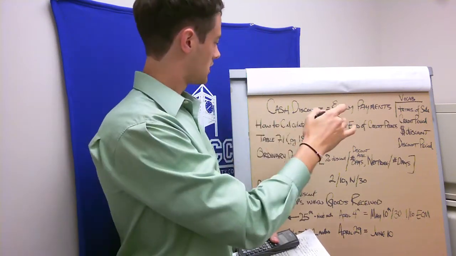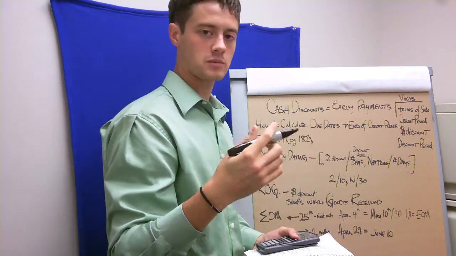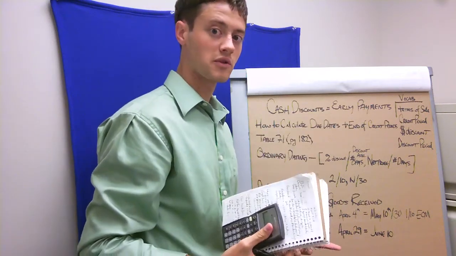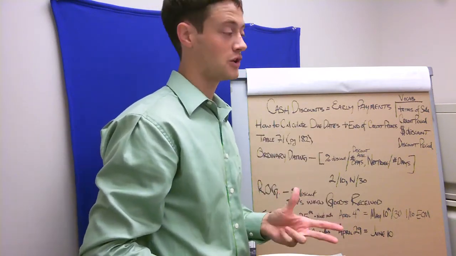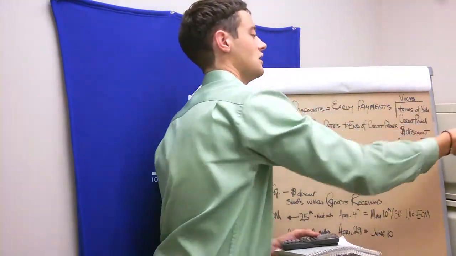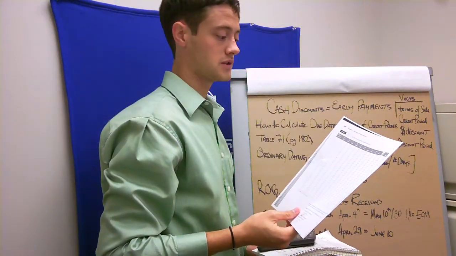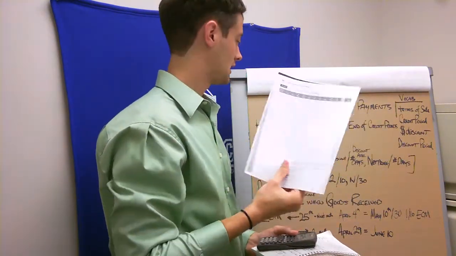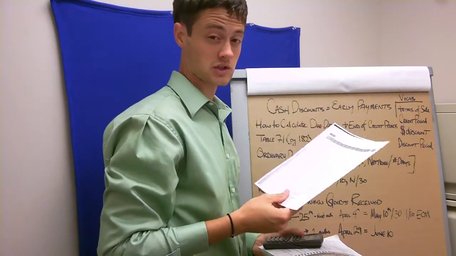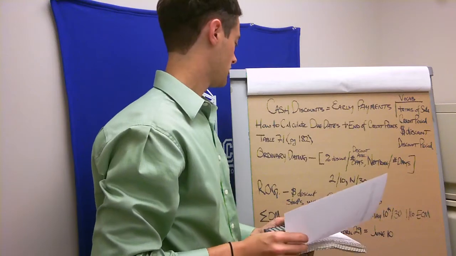And so when you want to figure out your cash discount, how do you calculate that? Well, the book said 3 methods. You could remember the rhyme, you could look at your knuckles, or you could look at the table on page 182. I actually recommend making a quick copy of page 182, table 7.1, to have with your homework, so you can just look up instead of having to look at your knuckles or remember the nursery rhyme.